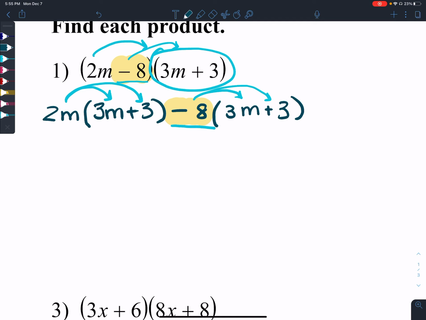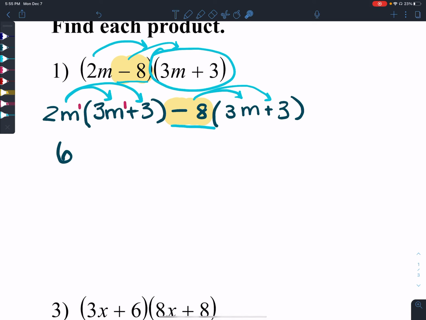Now looking over here at the front, we have 2m times 3m. We're going to have to use a little bit of our exponent rules. Remember that this is m to the 1, this is m to the 1. When you multiply, those exponents get added together. So 2 times 3, number times number, we have 6. Then we have m times m, letter times letter.